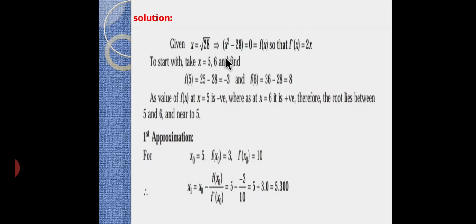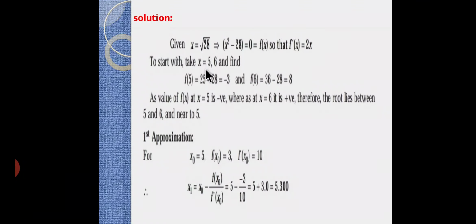Solution: given x is equal to square root 28, this can be written as x square is equal to 28, that is x square minus 28 is equal to 0, that is equal to f of x. So the derivative of this function becomes f dash of x is equal to 2x. Here we start with x is equal to 5.